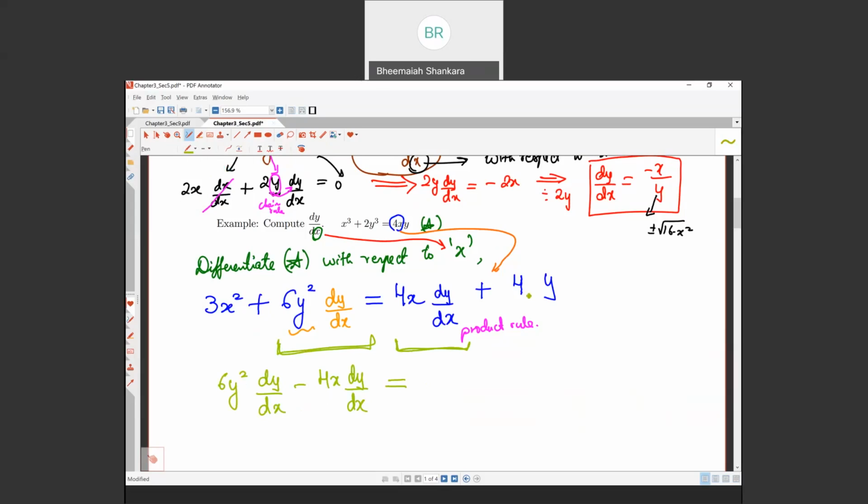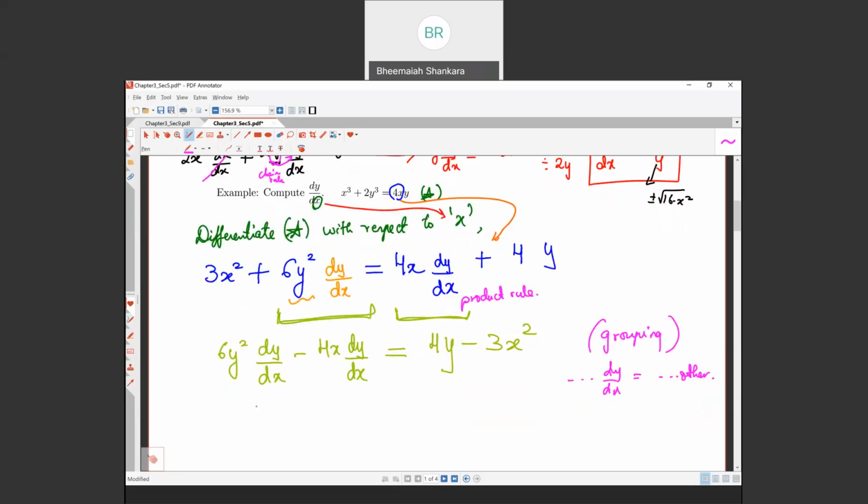On the right hand side, I have 4y. And I don't want this 3x squared on the left. So move it to the right, it becomes negative 3x squared. So this is a grouping step. We grouped all the dy over dx on one side and all the other terms on the other side.